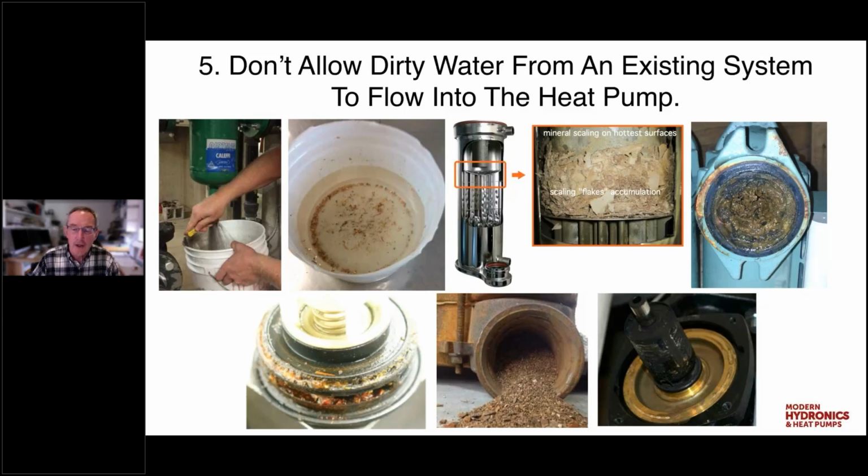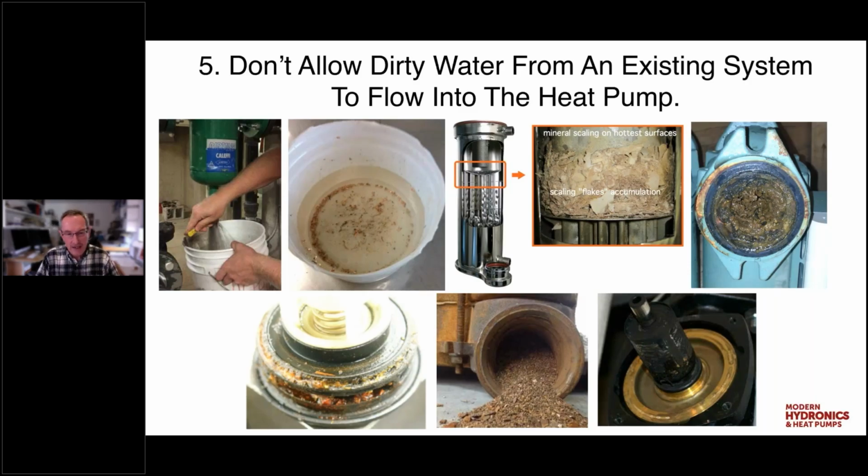Over here in the lower left, that's the rotor out of a circulator that has a permanent magnet installed in the rotor. All the modern circulators with the ECM motors have these permanent magnets, and they're very strong magnets. And what you're looking at is magnetite.